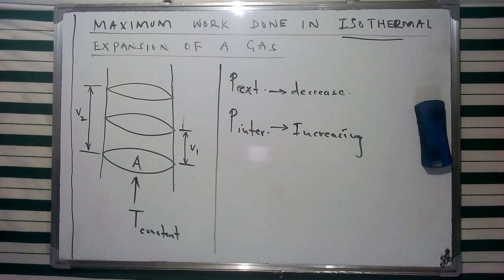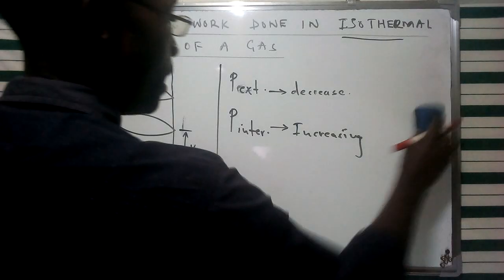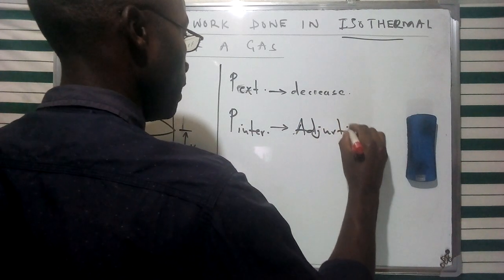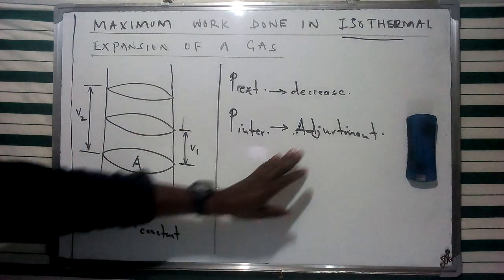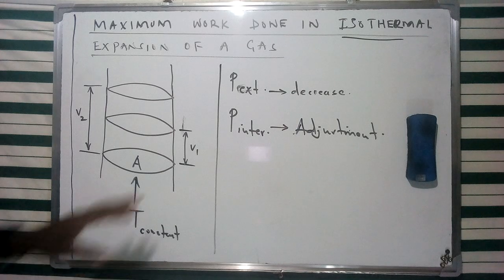In actual sense, we can describe the internal pressure as undergoing some specific adjustment in order to cater for this expansion of the gas. So we're going to look at it in terms of an adjustment contrary to the expansion that I've mentioned, and we're going to elaborate deeply on that aspect when we go further in this discussion.